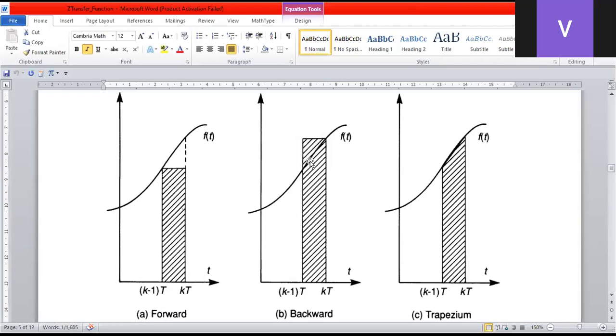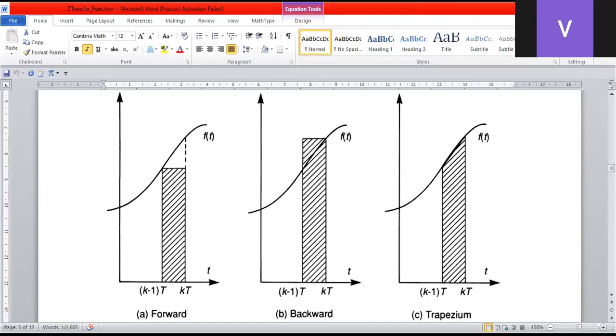The backward rectangular rule says that for the area from this point to this point, you will consider the time limit at kT, then you keep the value constant throughout the interval. If you observe from the graph, this approximation overestimates, because where my cursor is is not part of the area, and it's overestimating.